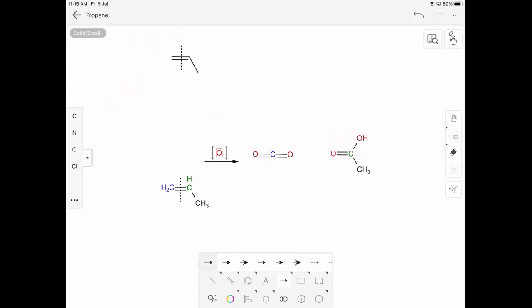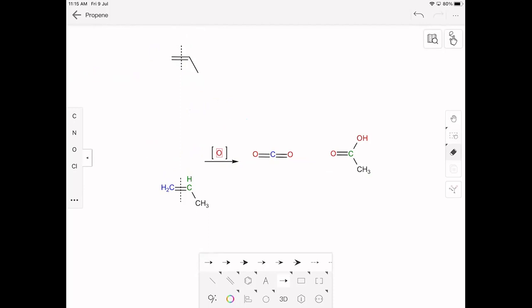So if you look at that, these hydrogens here became that oxygen there. Cool. And then the double bond is where you broke it and you added oxygen to the double bond. So where there's hydrogens, you add oxygen.